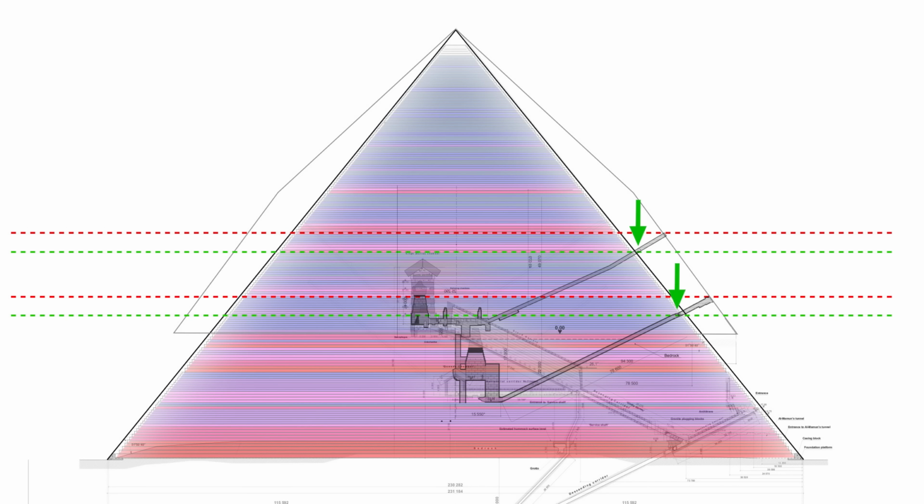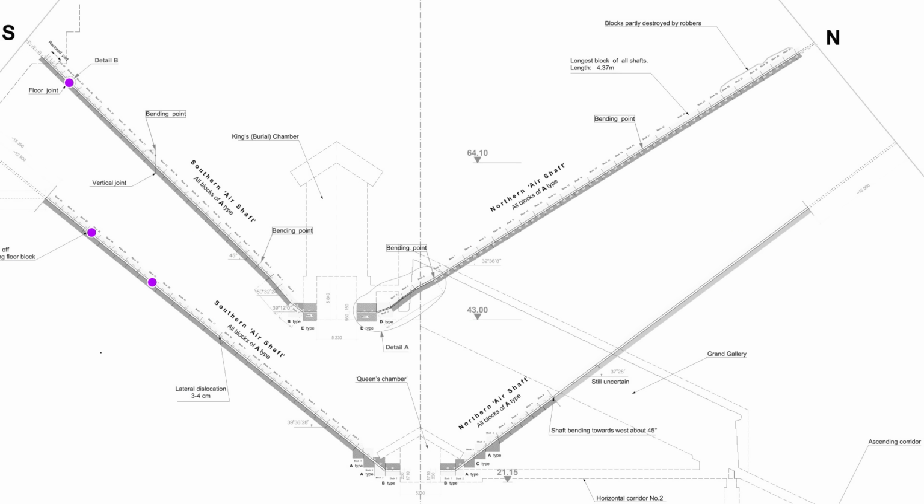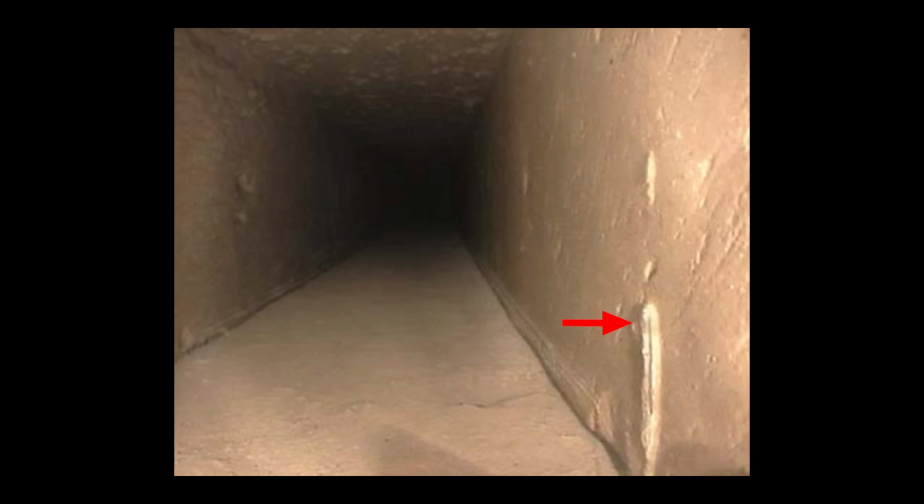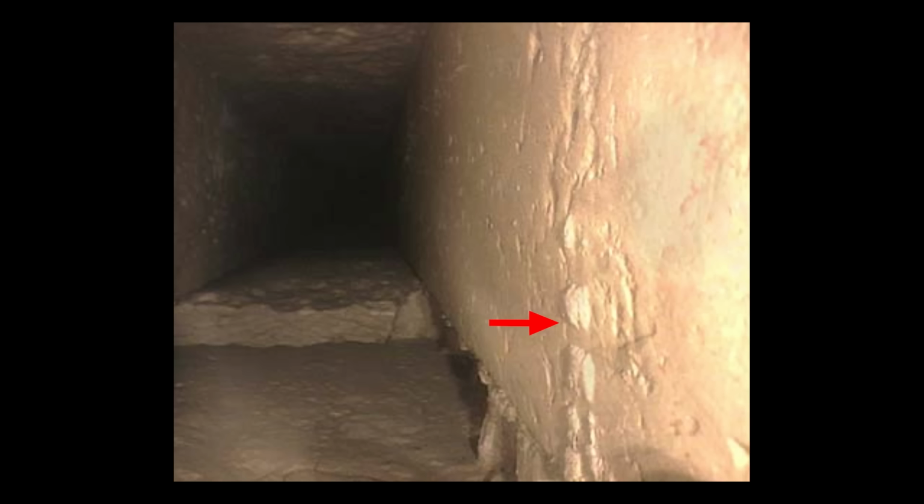But that's not all. Let's briefly return to the inclined shafts, which we analyzed in the previous video. We discussed, among other things, the fact that these channels still contain traces of plugs. In the upper southern shaft, this is an expansion with a groove, and in the lower southern shaft, there are remains of mortar on the walls.